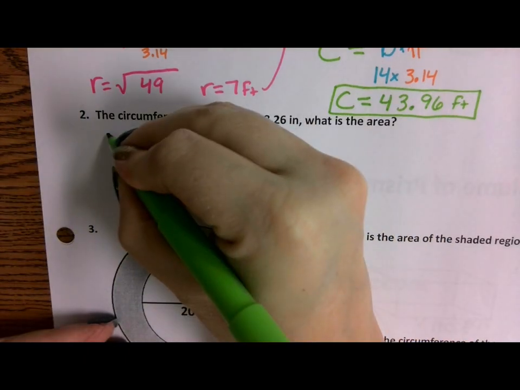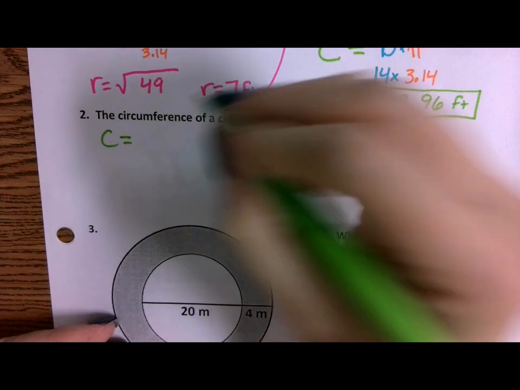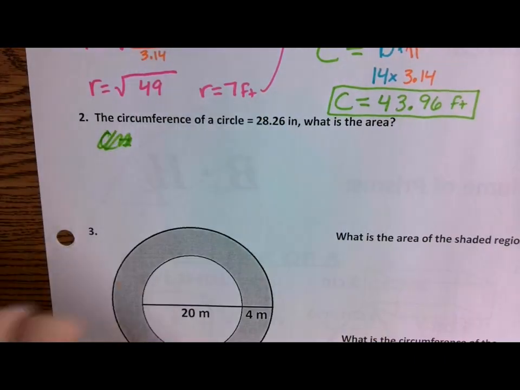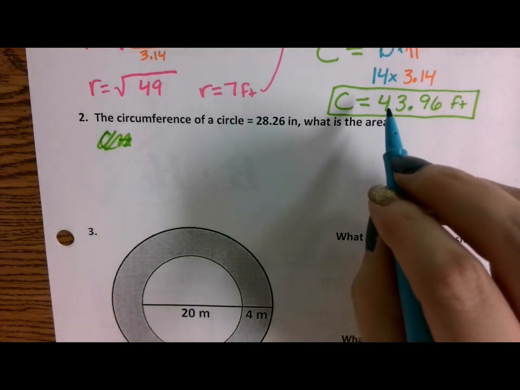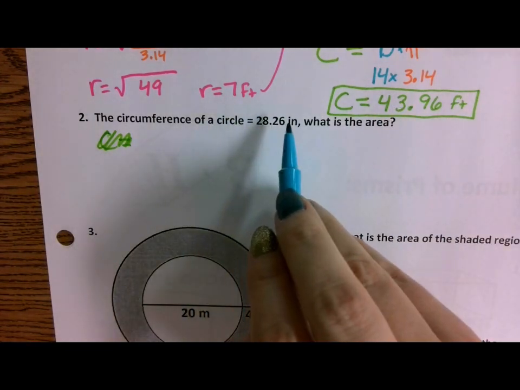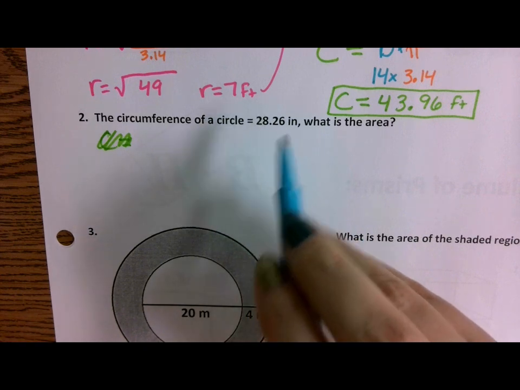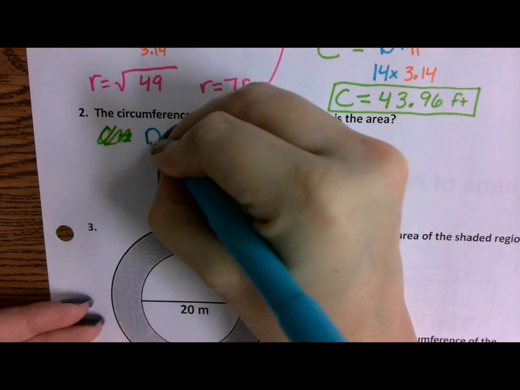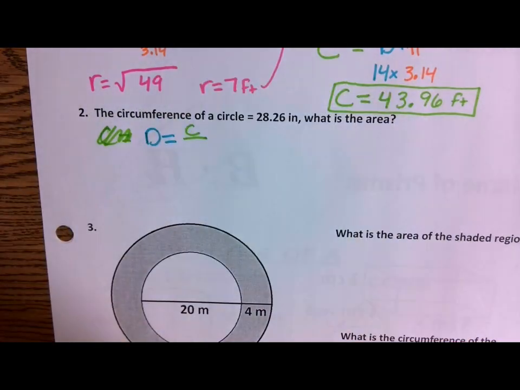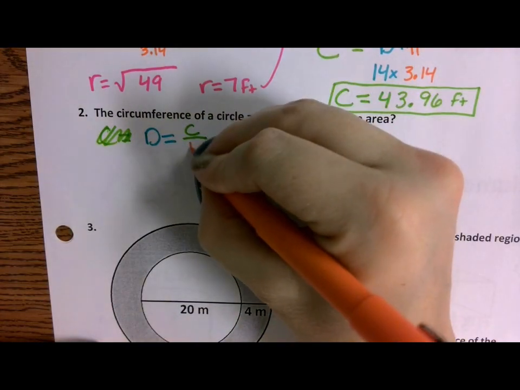We know that if we want the area, we need to know what the radius is. Well, we don't know the radius because we're given circumference, but circumference can tell us the diameter, right? Diameter can be found by taking the circumference and dividing it by pi.